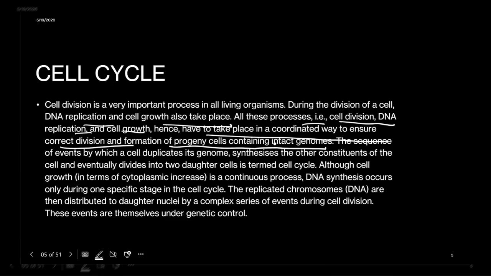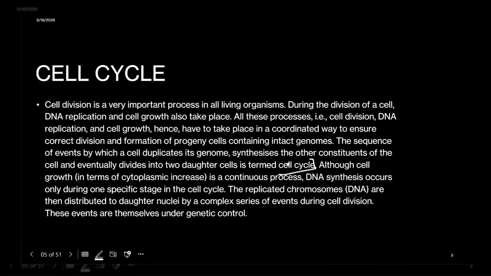So cells are dividing, replicating their genome and their organelles, and dividing everything equally into the daughter cells. Whatever steps are there, they need to be done in a coordinated way so that the daughter cells get an intact genome.